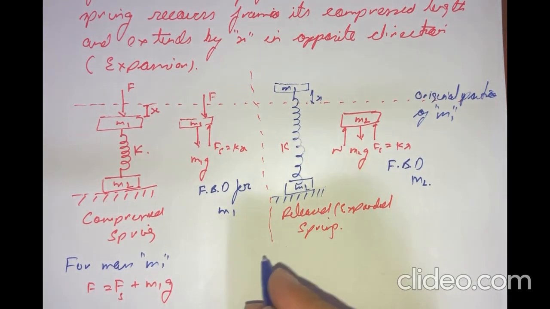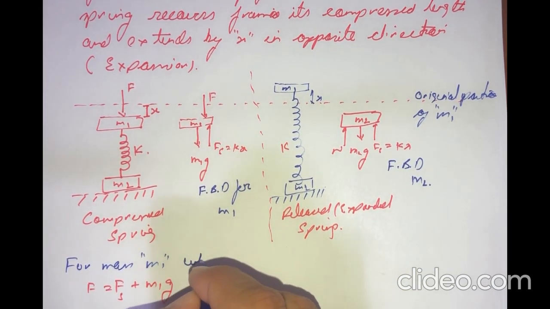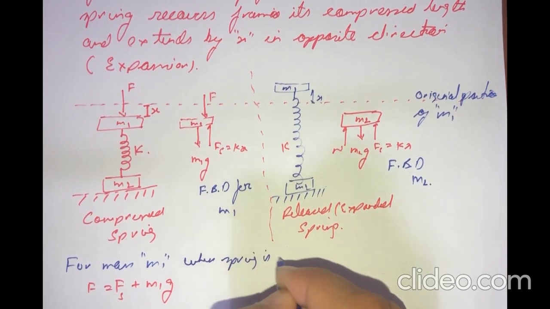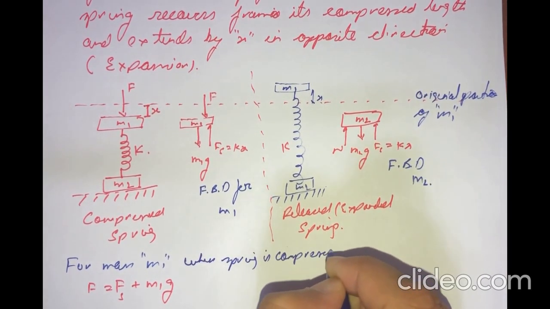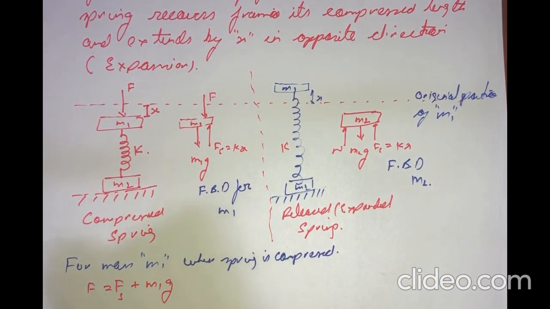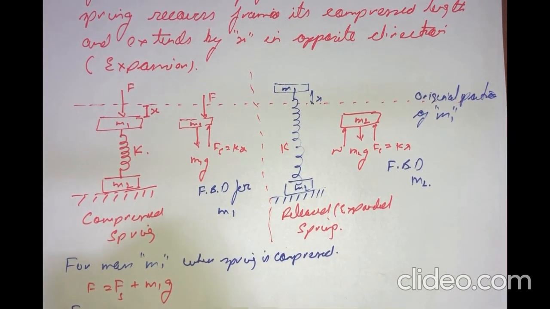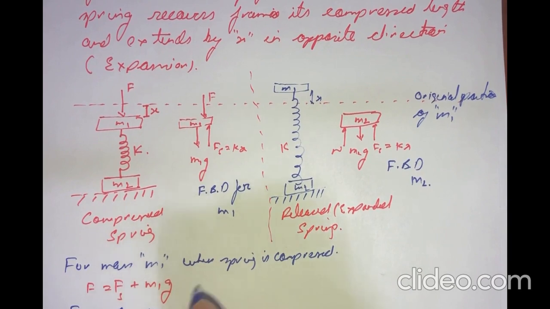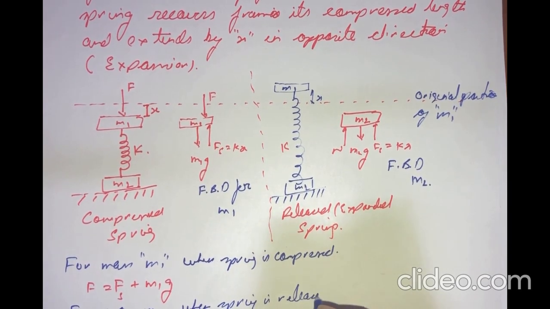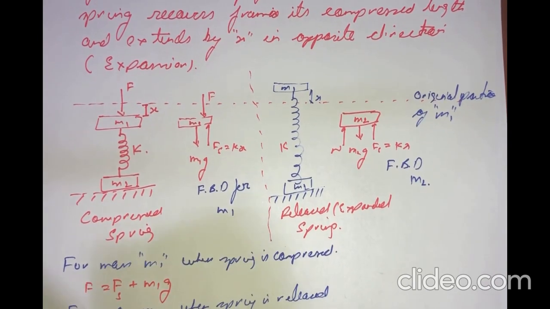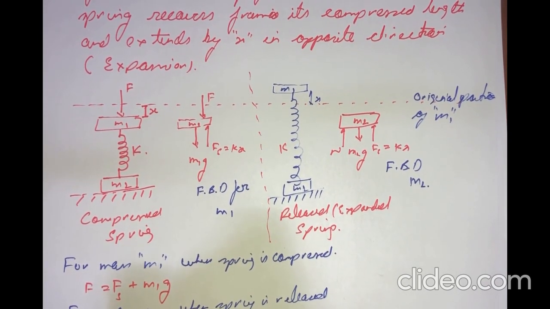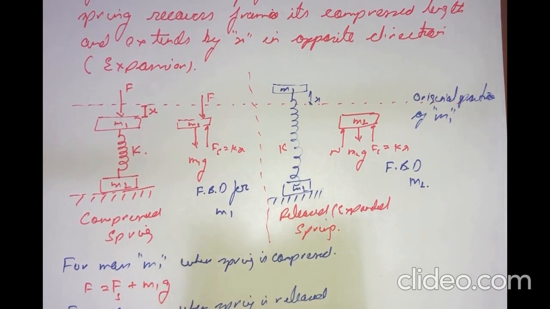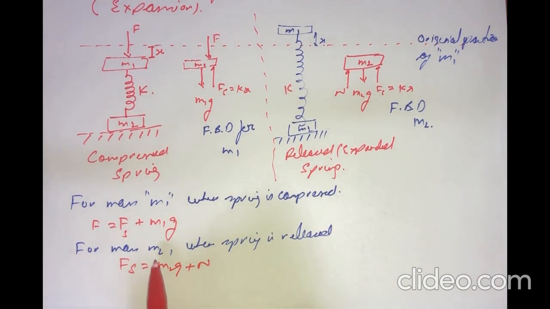And for mass M2, when the spring is released, in this case the spring is compressed for mass M1, and for mass M2 when the spring is released, under this condition Fs will be equal to M2G plus normal.